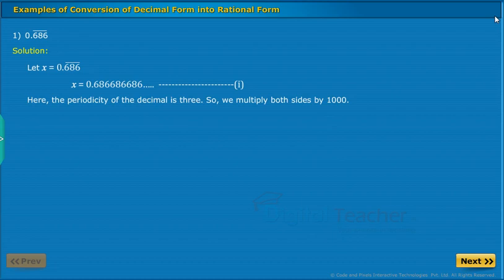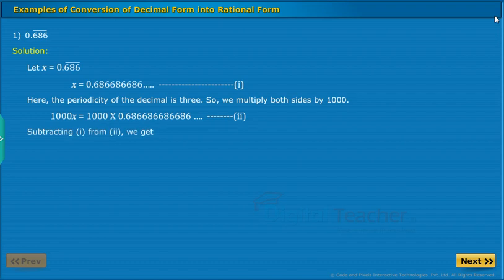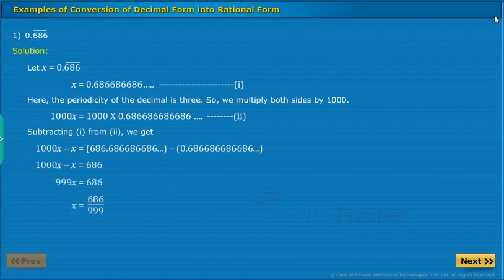So, we multiply both sides by 1000, which can be represented as equation 2. Subtracting 1 from 2, we get as follows. Thus, x is equal to 686 by 999. Therefore, the rational form of 0.686 bar is 686 by 999.